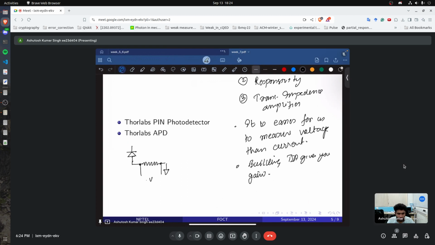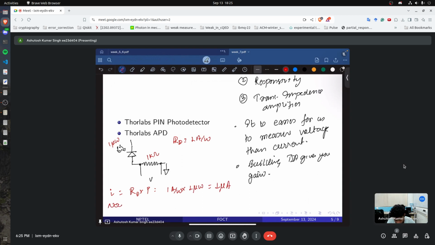Now the problem in this is that if the photodiode current output is very small, say the incident power is 1 microwatt, going through a 1 kilo ohm resistance, and assuming a responsivity of 1 ampere per watt, the output current is responsivity times power, which is 1 amp per watt times 1 microwatt, which is 1 microamp.